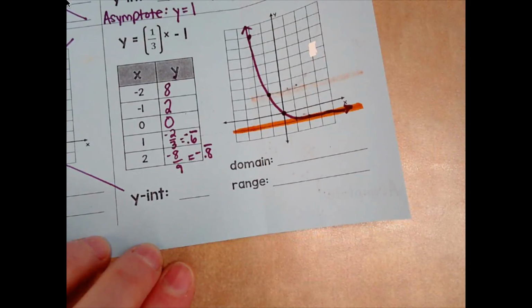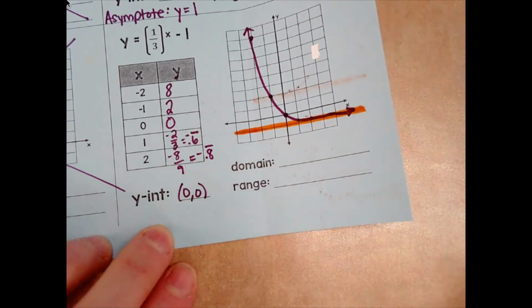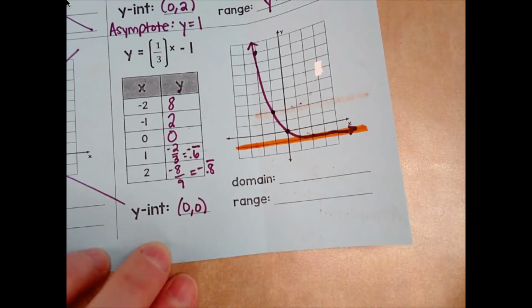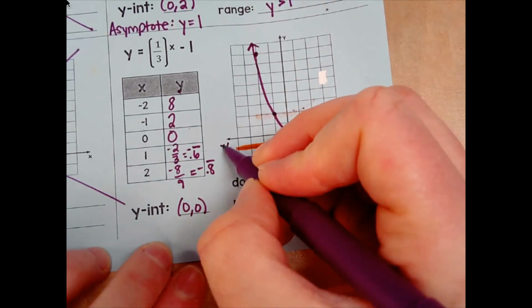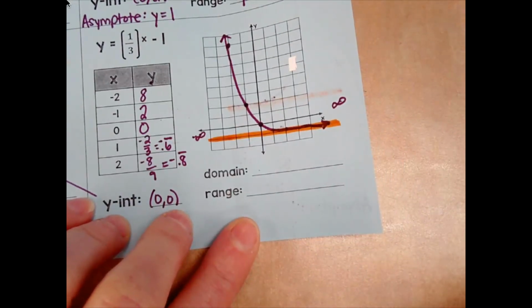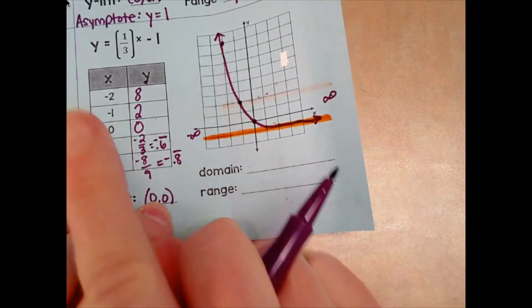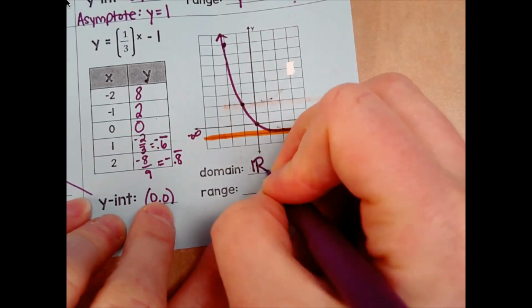The y-intercept, where does it cross the y-axis? 0, 0. Domain is left and right on the x-axis. Negative infinity to positive infinity, because it's going left forever, right forever. There's no boundary on that. So all real numbers.